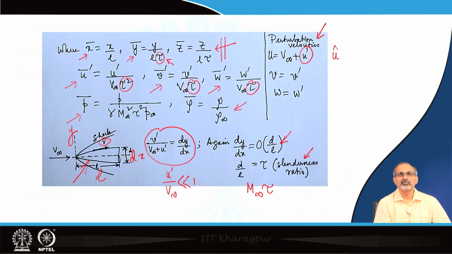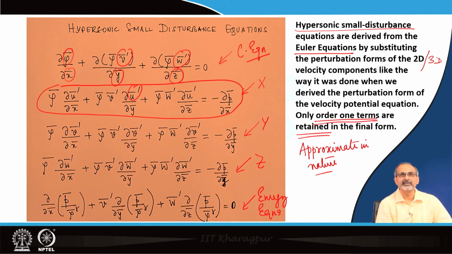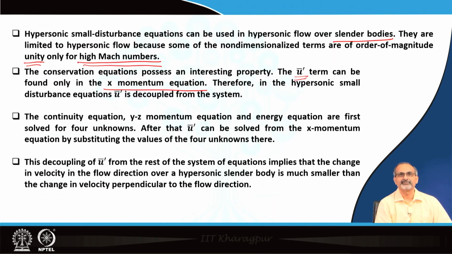system. So, we will go back to that slide once again to see that only this equation incidentally has the u bar dash term, in none others does it figure. So, it is essentially saying that the equation for u bar dash is kind of decoupled from the rest. The continuity equation, yz momentum equation and energy equation are first solved for 4 unknowns, and after that the u bar dash equation can be solved, whereby you get the value of that unknown at the end of the computing process.